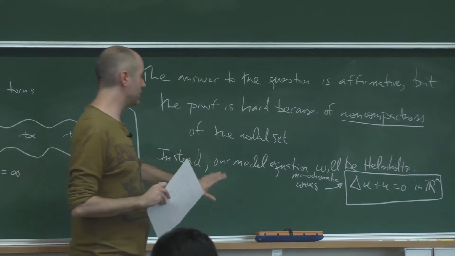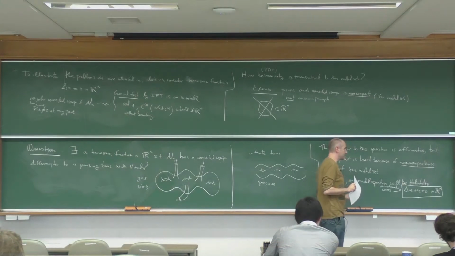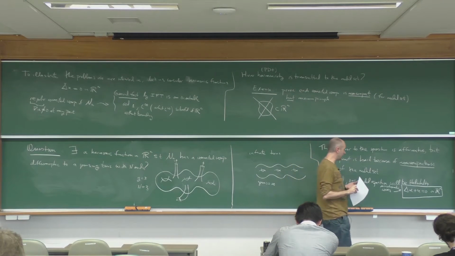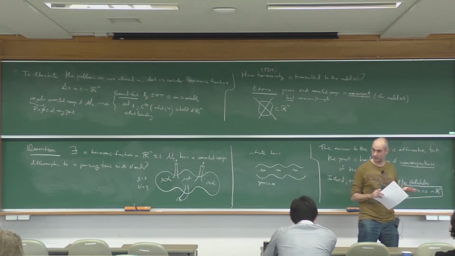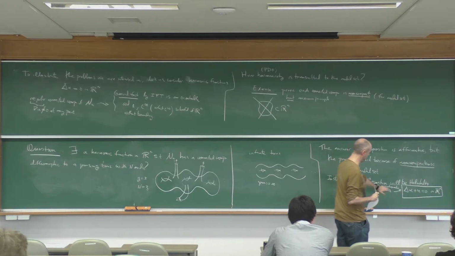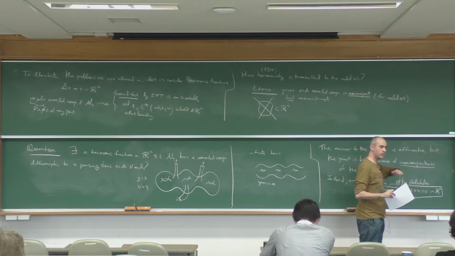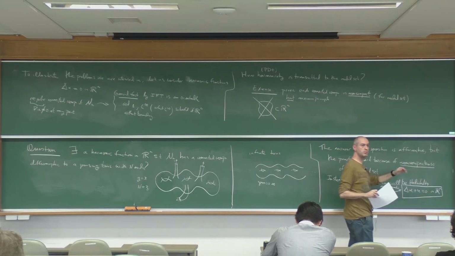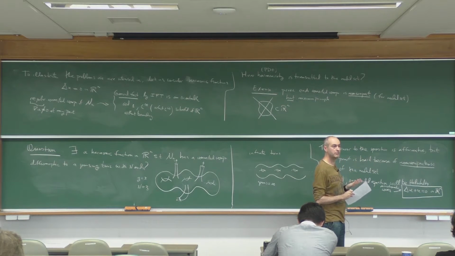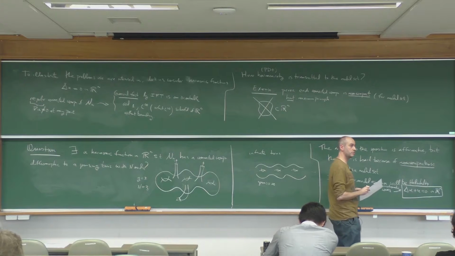The reason to consider this equation is that it allows compact components for the level set. Since solutions to this oscillate, there is no maximum principle for this, because u changes sign. You can have compact level sets.